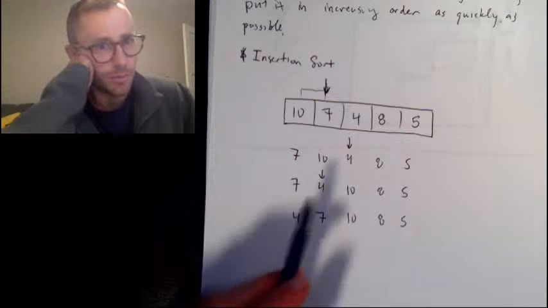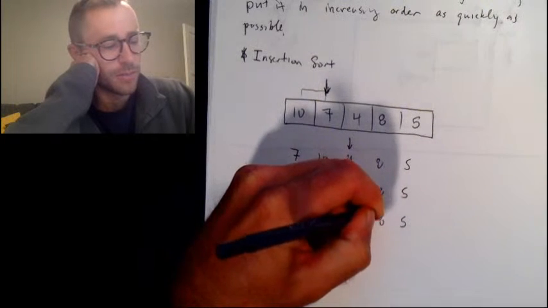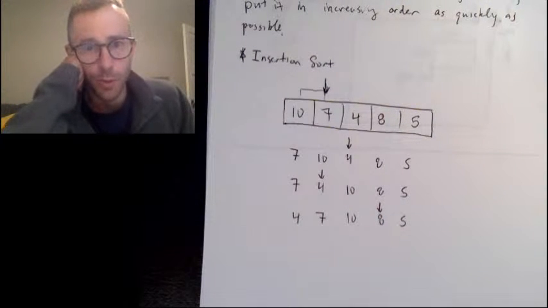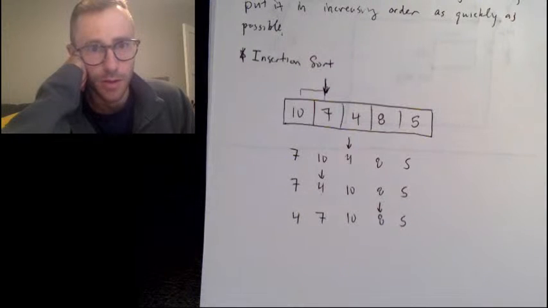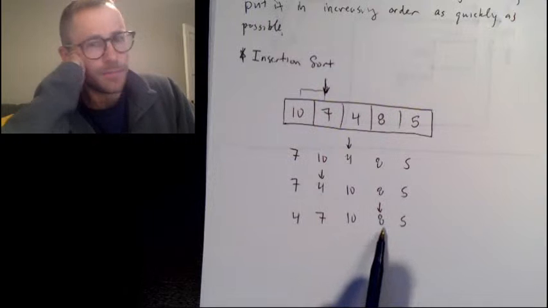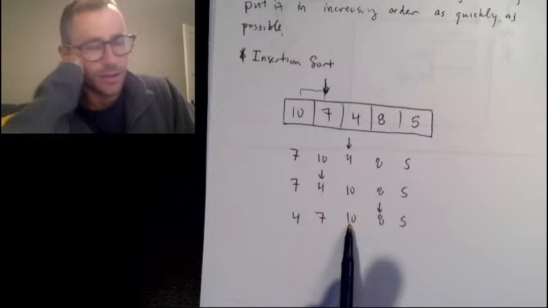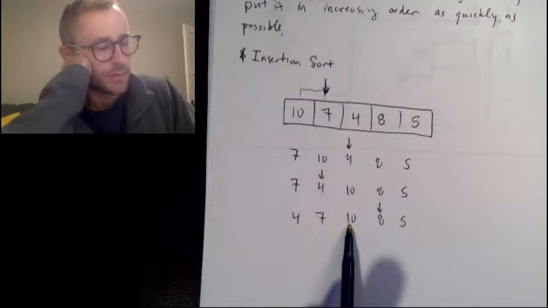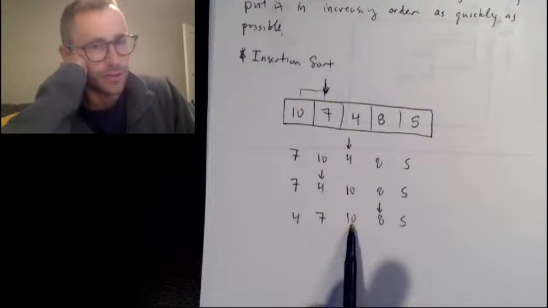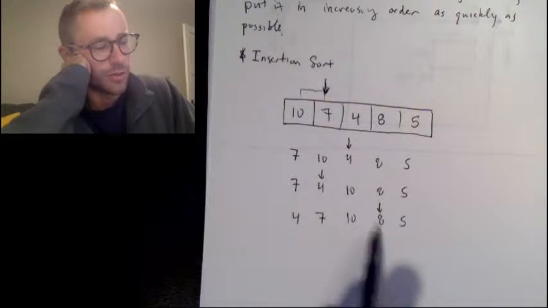So now I'm going to put my attention to the 4th element in the array. If I look at the 4th element, I compare it to 10, and I can see that 8 is less than 10, so it should go in front of 10.